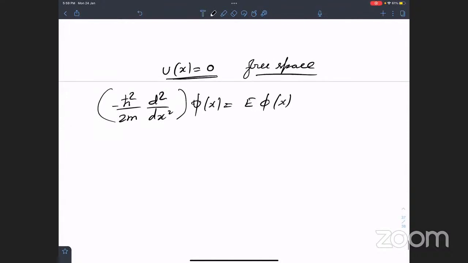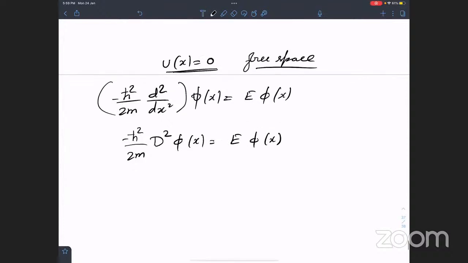Remember how we solve ordinary differential equations: we replace d by dx with capital D. So minus h bar squared by 2m D squared phi of x is equal to E times phi of x.